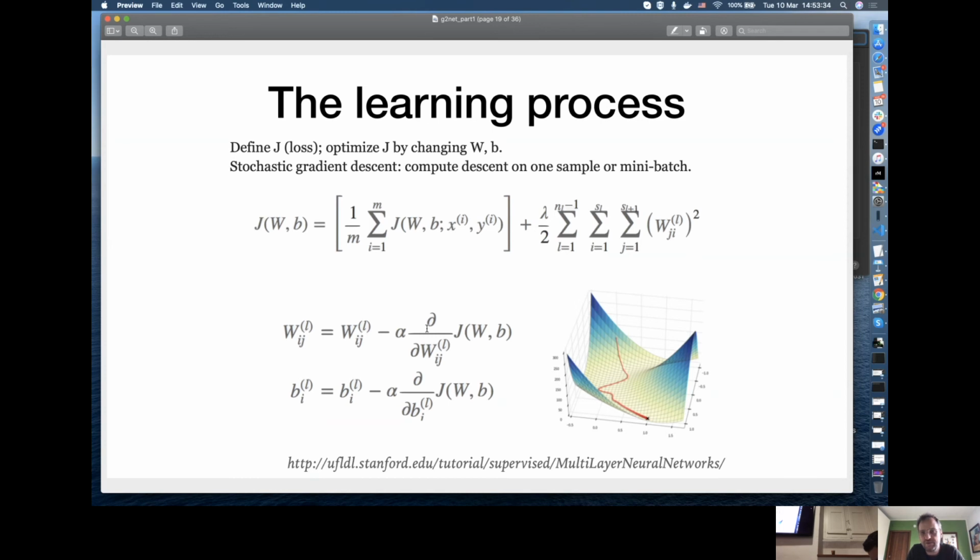So how does the learning process work? You can define a loss, as we have said. For example, for regression, you can choose the mean square error, or cross entropy for classification, and we can look at those later on in the day or tomorrow. And so you define this loss function calculated over the m samples, for example, of the inputs.